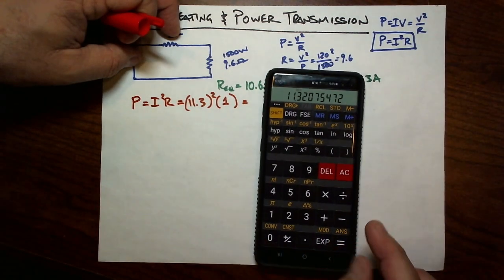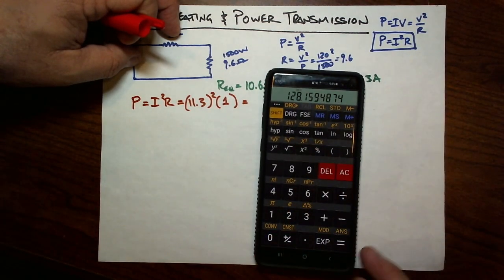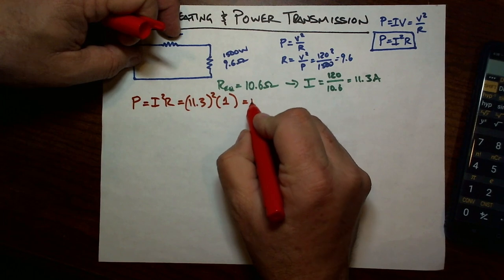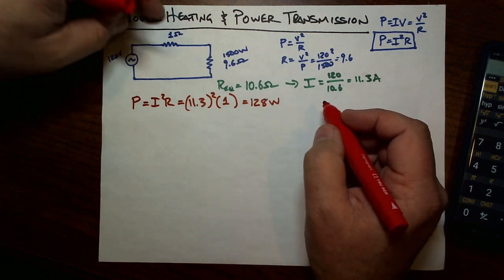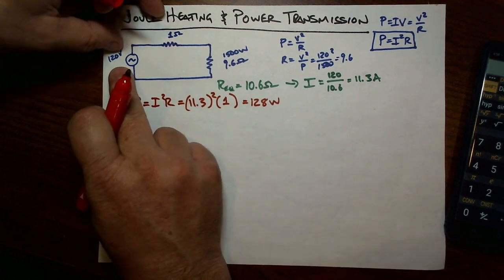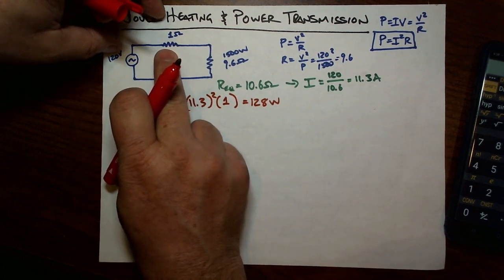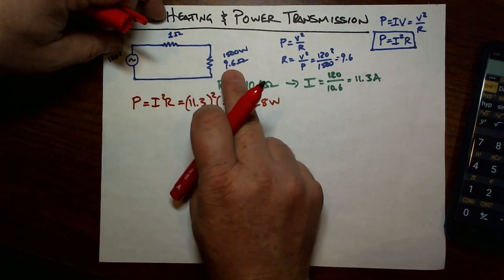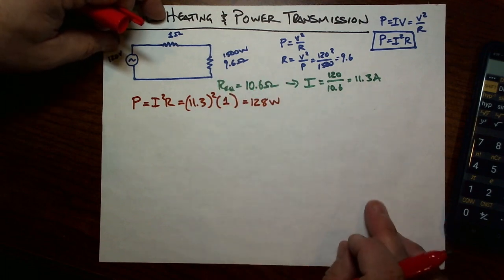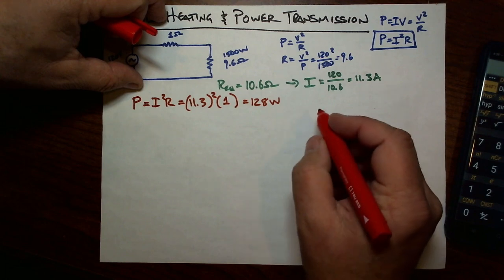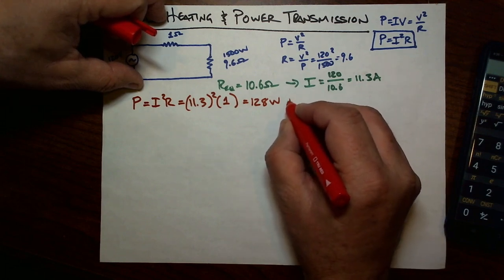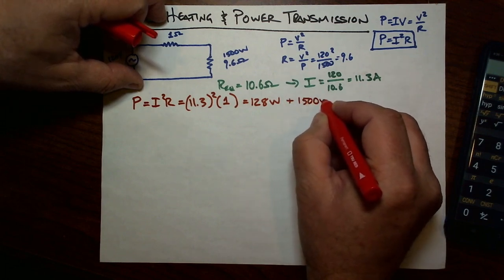And let's try that out. We're going to square this number. 128 watts. So all told, if I provide power at 120 volts and my wires have a resistance of 1 ohm and somebody plugs in a 9.6 ohm hair dryer, I'm going to lose 128 watts, and we're going to provide them with 1500 watts.